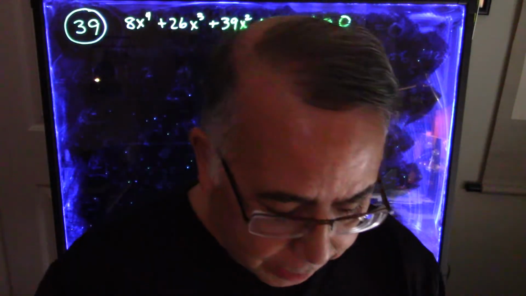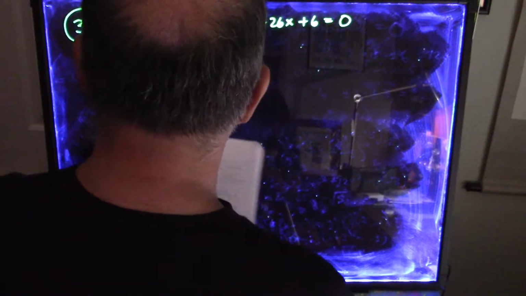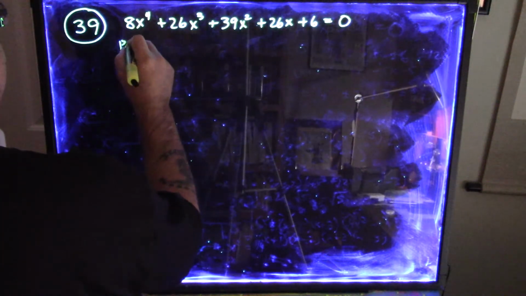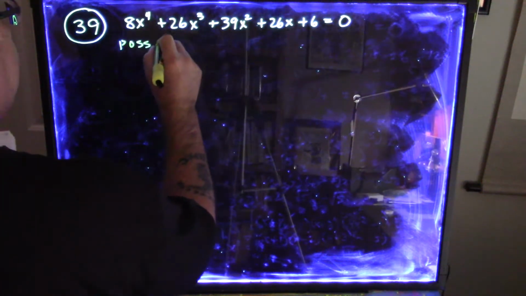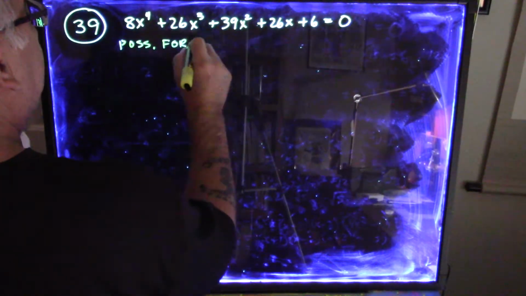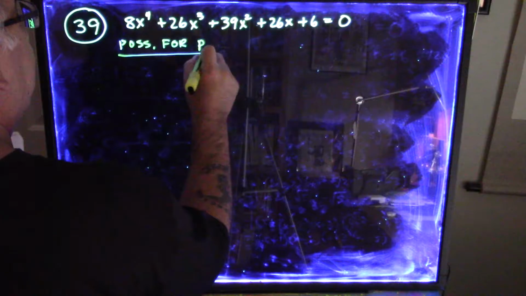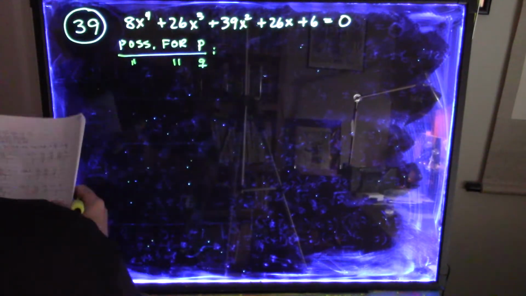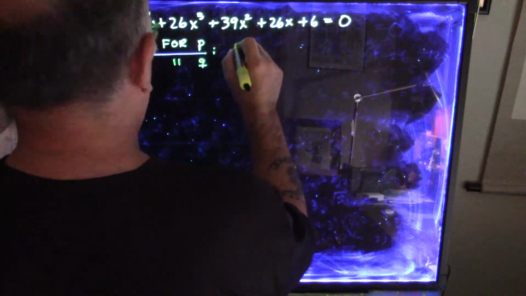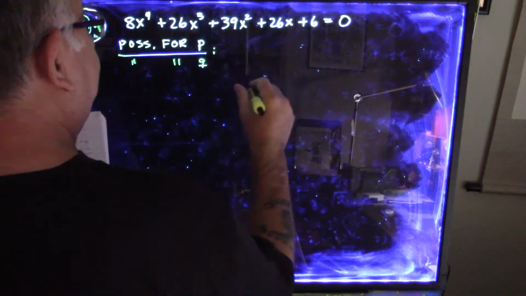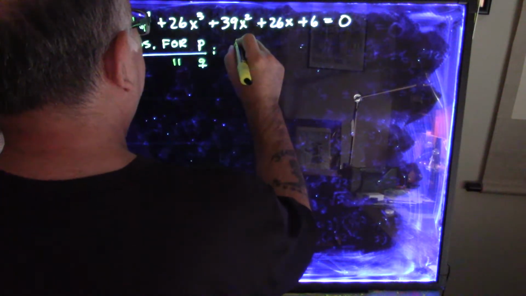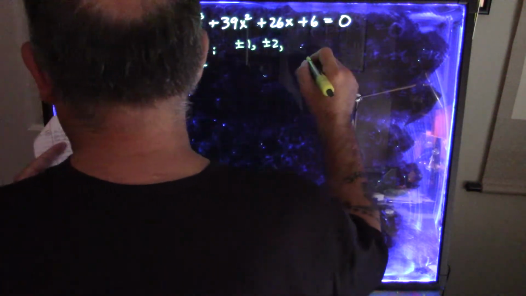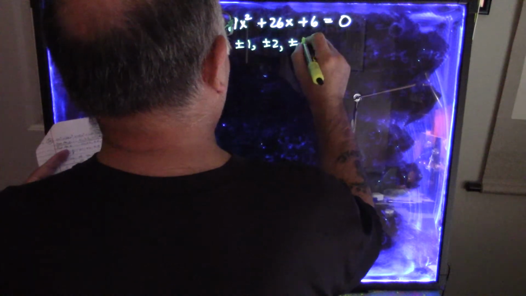Number 39. Alright, the possibilities for P over possibilities for Q. So factors of 6: plus minus 1, plus minus 2, plus minus 3, plus minus 6.